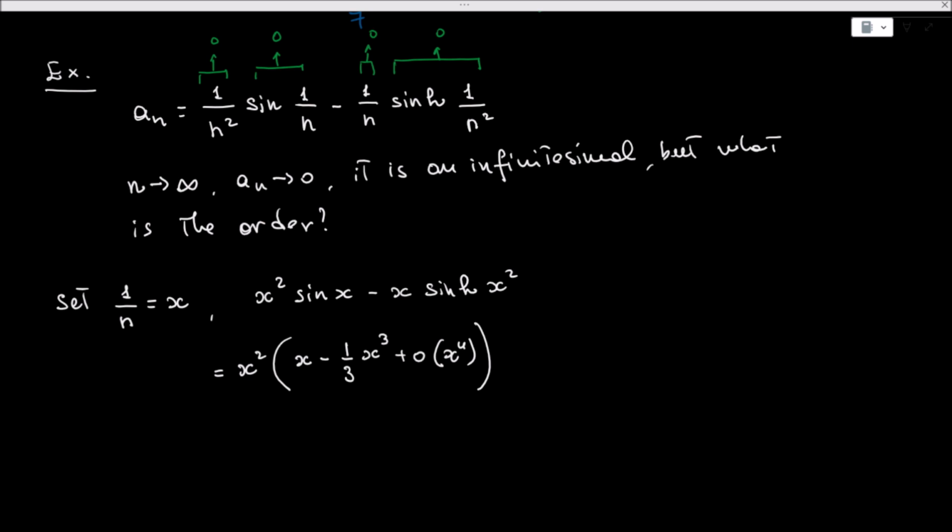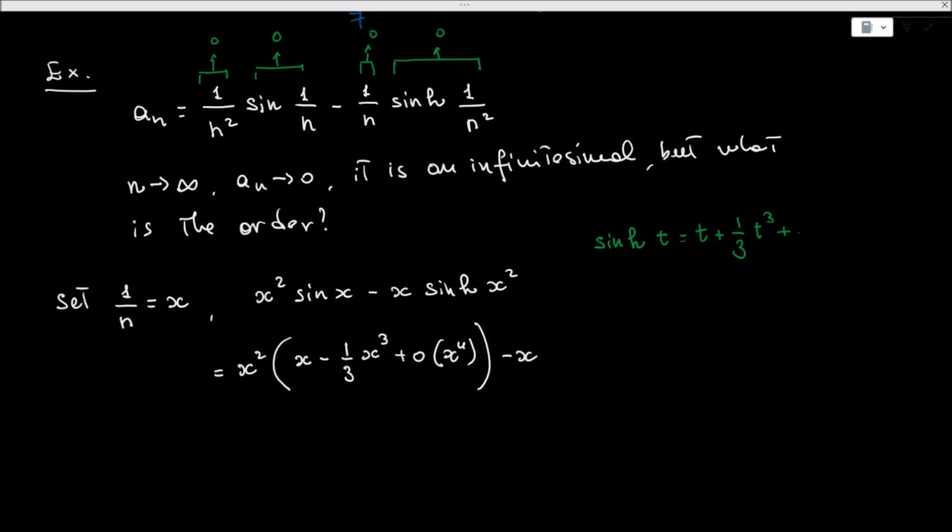And minus x, then we need to expand the hyperbolic sine of x squared. So let's briefly recall the expansion of the hyperbolic sine of t, let's say. Well, the hyperbolic sine of t is t plus 1/3 t to the cube plus little o of t to the 4th, right?